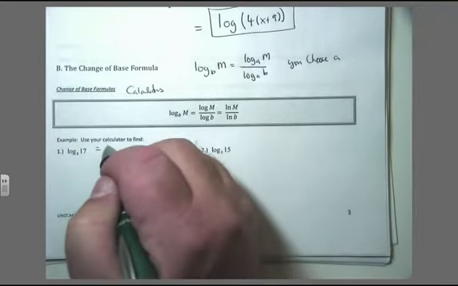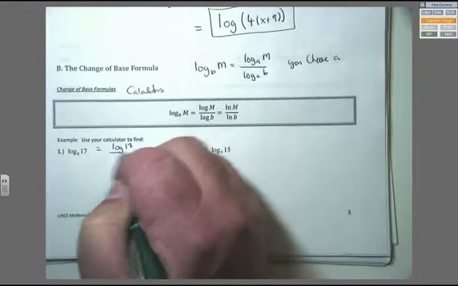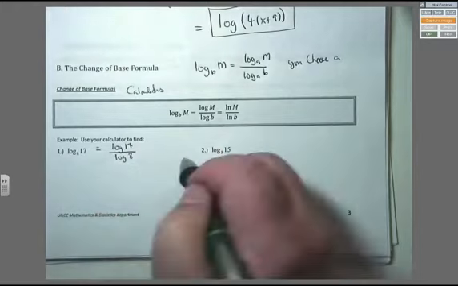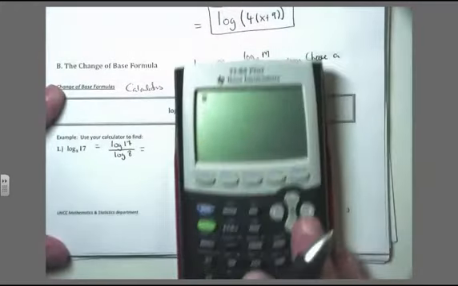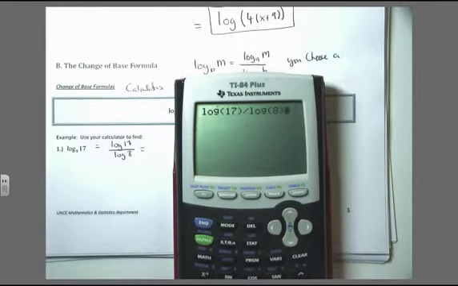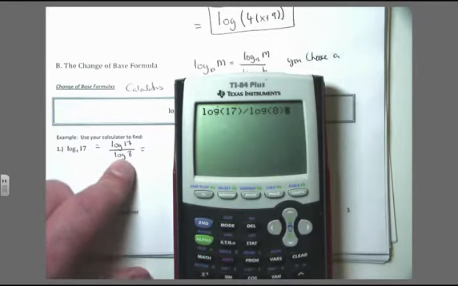This would be equal to, you always take the log of what you're taking the log of, which is 17, divided by the log of the original base, which is 8. I'm going to put that on my calculator and show you. This will be log of 17 divided by the log of 8. Does that make sense? It's just a formula. You take the log of the original function divided by the log of the original base.